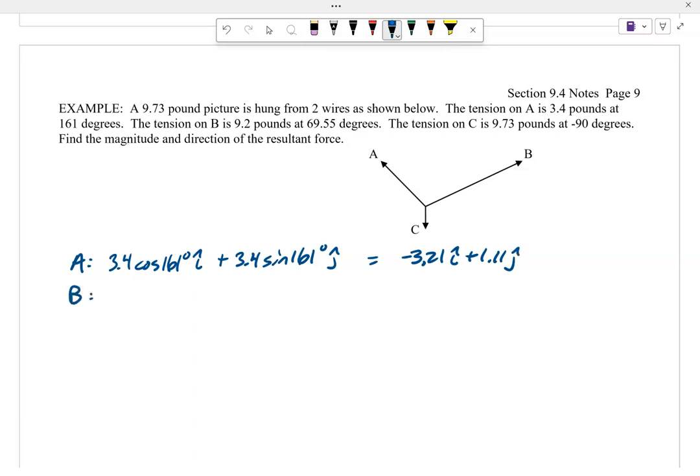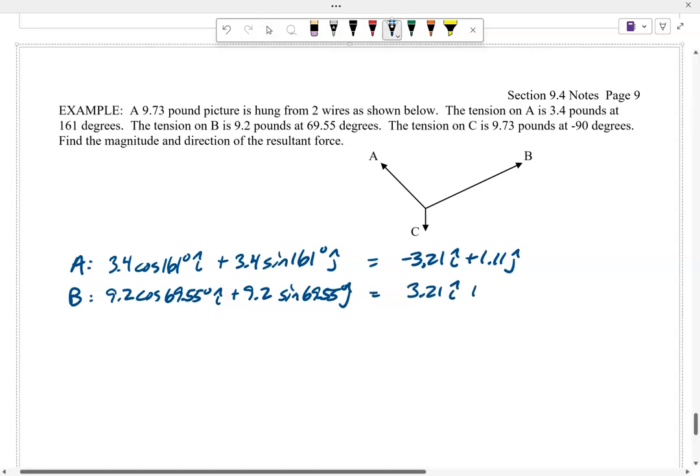Let's do it for B. B, we've got 9.2 pounds. More magnitude. Its cosine. So here's its angle. 9.2 sine 69.55 degrees. Okay. So we got 3.21 I plus 8.62 J.